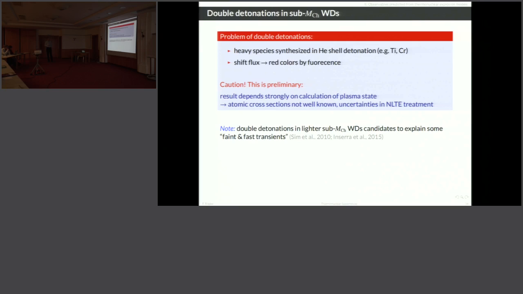And actually, if you do these double detonation calculations with lighter sub-Chandrasekhar mass white dwarfs as the core, so not around 1 solar mass, but going down to 0.8 solar masses, they actually don't produce much nickel-56 and become very faint, then they actually are good candidates to compare them with these faint and fast transients. And there has been a particular observation that has been attributed to one of these double detonations.